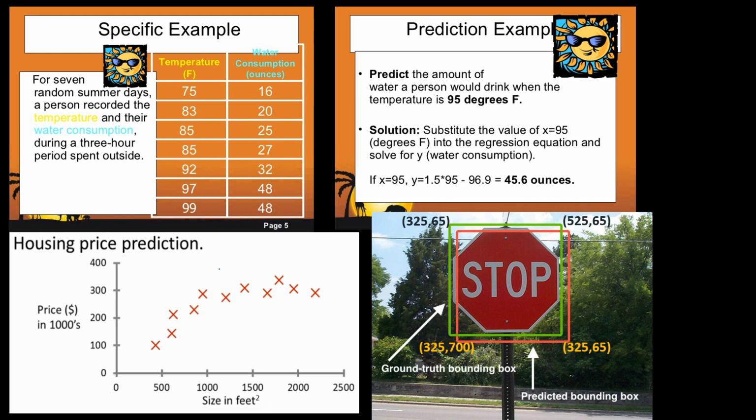Similarly, predicting house prices is a problem of linear regression where we are predicting a real value, that's the price of the house. Then also predicting the location of the detected object, such as this position. This also is a problem of linear regression.